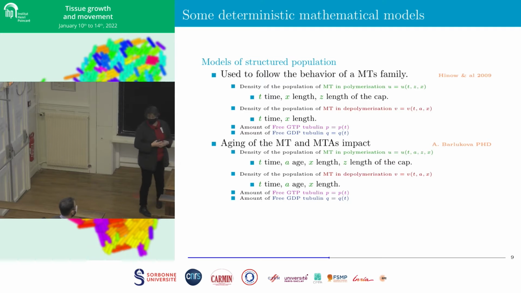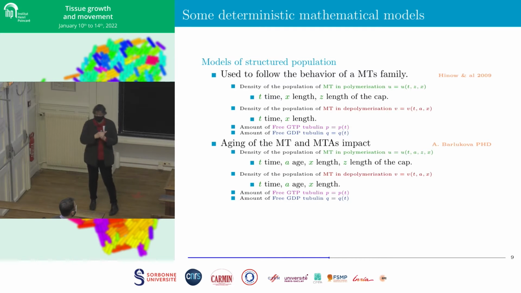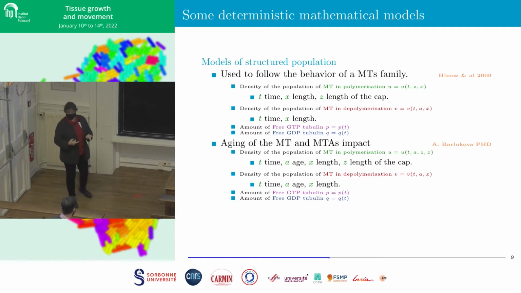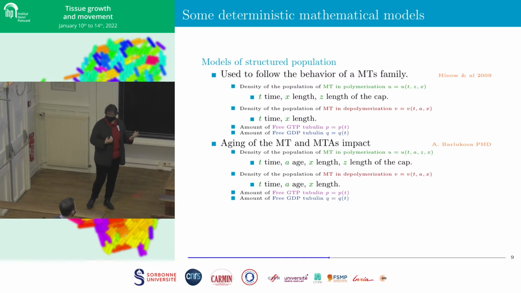What we propose with Ayuna, to better model the phenomenon of aging but also to better model the growth indicator, was to add an additional trait, the age of the microtubule. What is the age of the microtubule?